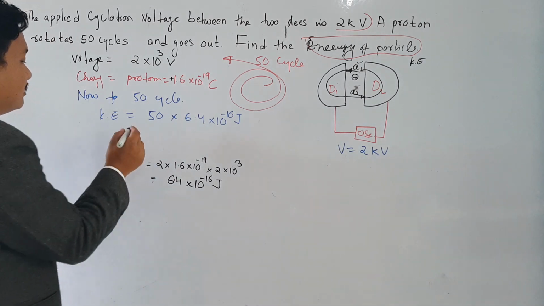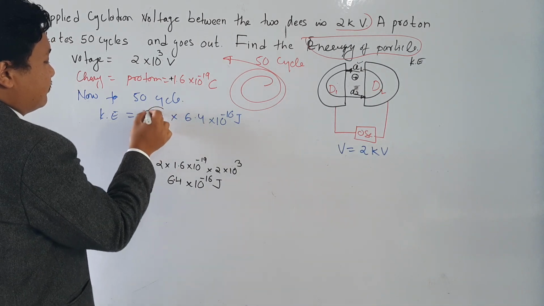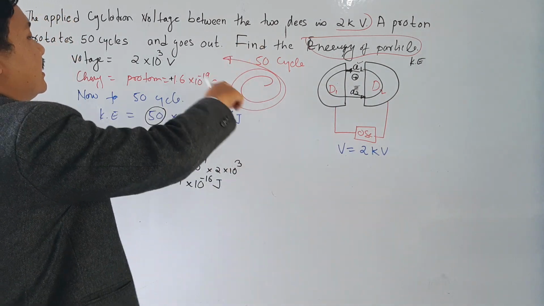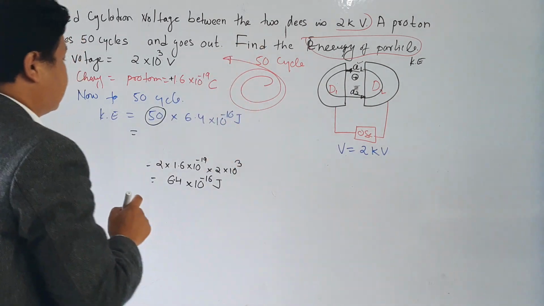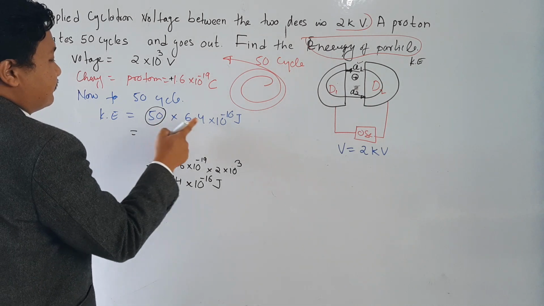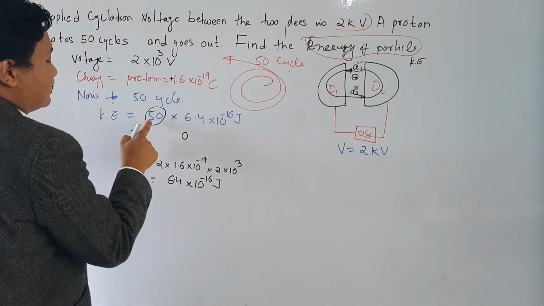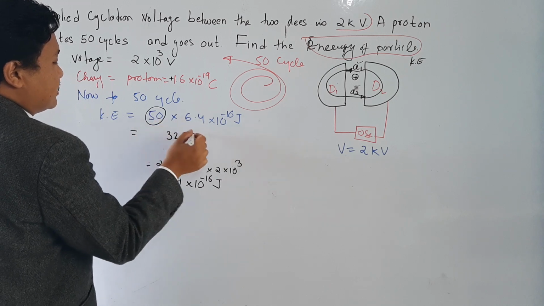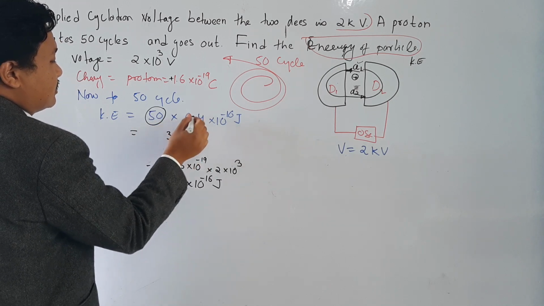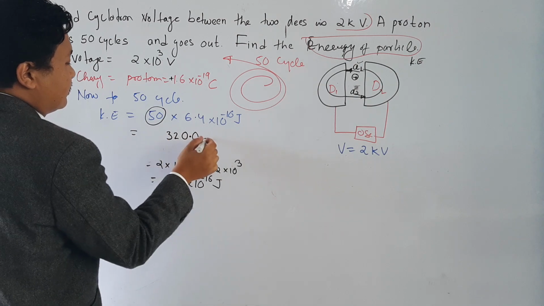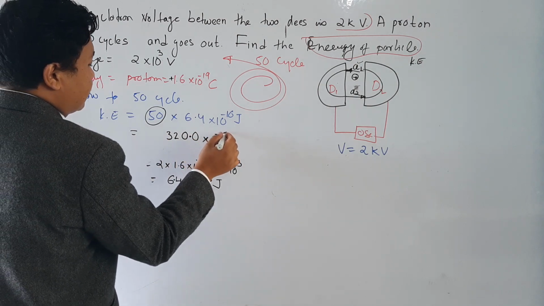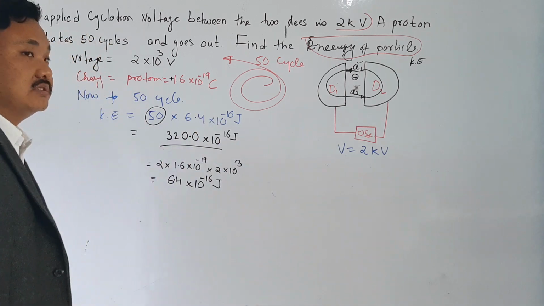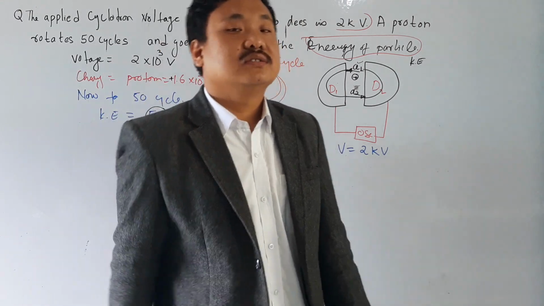I have to multiply by 50 because it is rotating 50 times. So 5 times 4 is 20, 5 times 6 is 30, so it will make 32, with a 0 and the decimal here, so 320 into 10 to the power minus 16 joule. So this is your answer. It is very simple. Thank you.